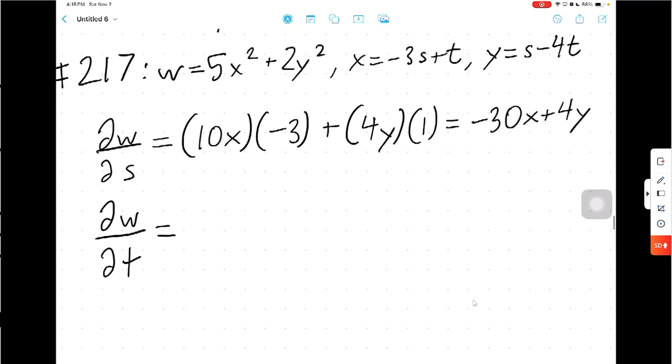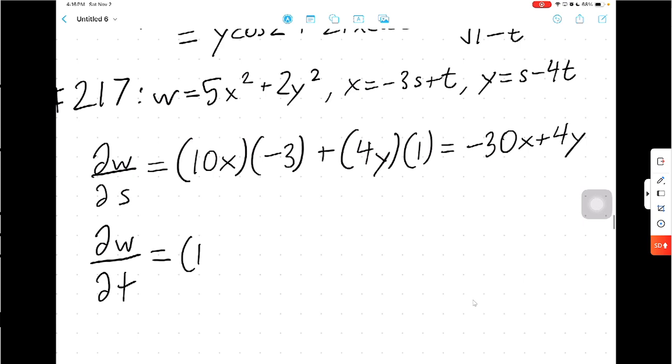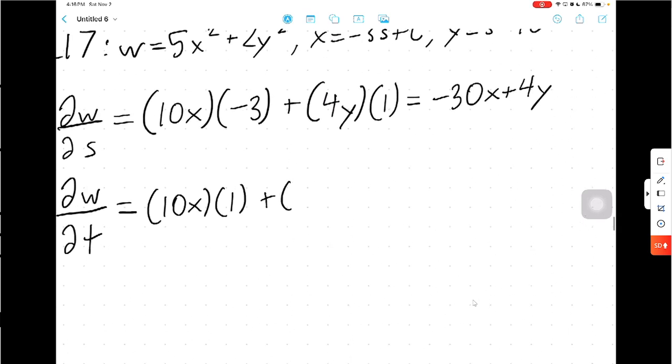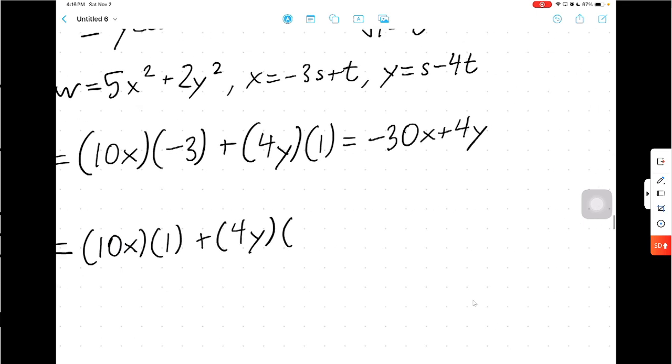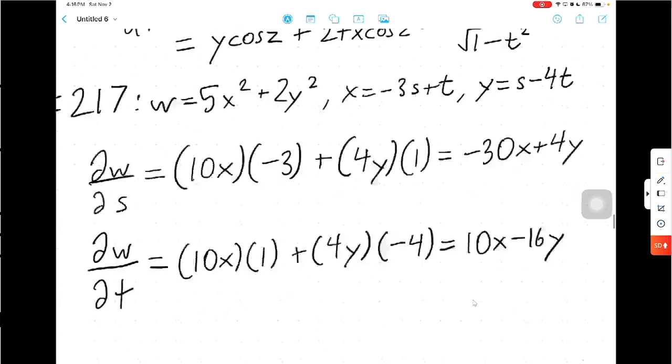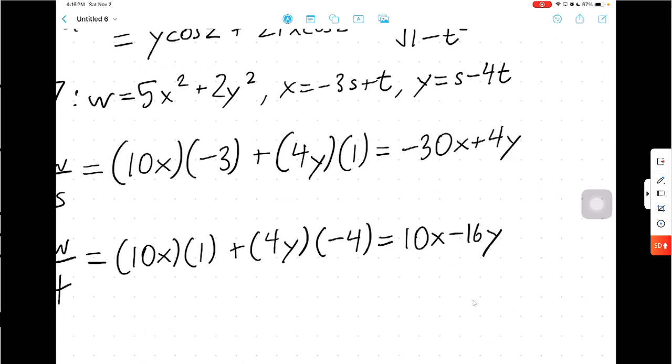Partial of w with respect to t: partial of w with respect to x, partial of x with respect to t, plus partial of w with respect to y, partial of y with respect to t. 10x minus 16y. And that's going to be it, assuming we're not going to solve for only s and t.